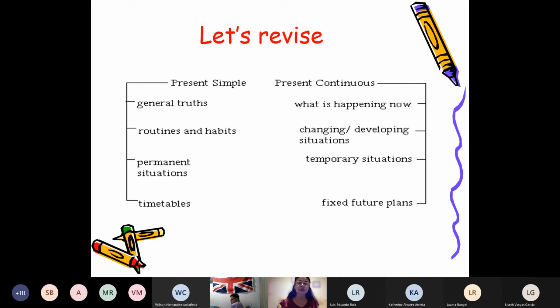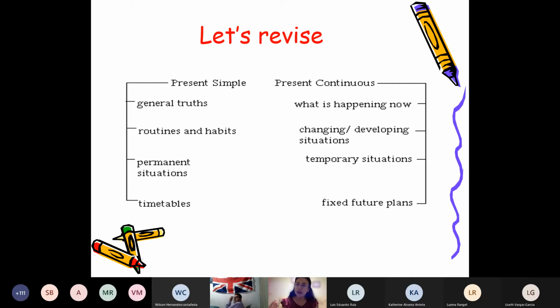And the present continuous, the contrast with the present continuous is what is happening at the moment right now. Remember that present continuous is used for changing, developing situations. For example, we can say, we are living in a terrible economic crisis.